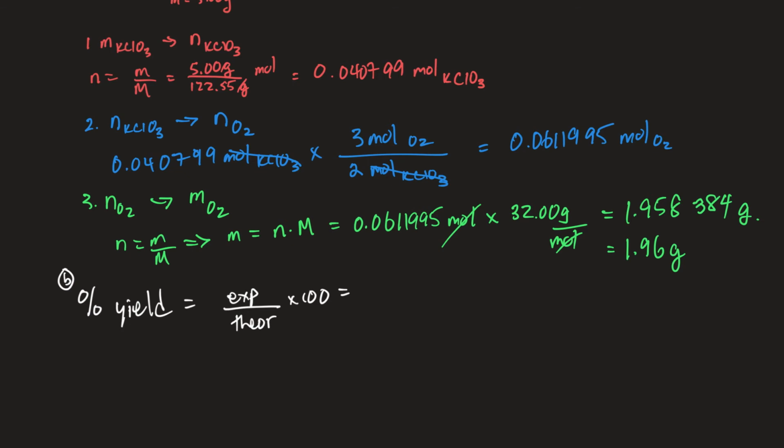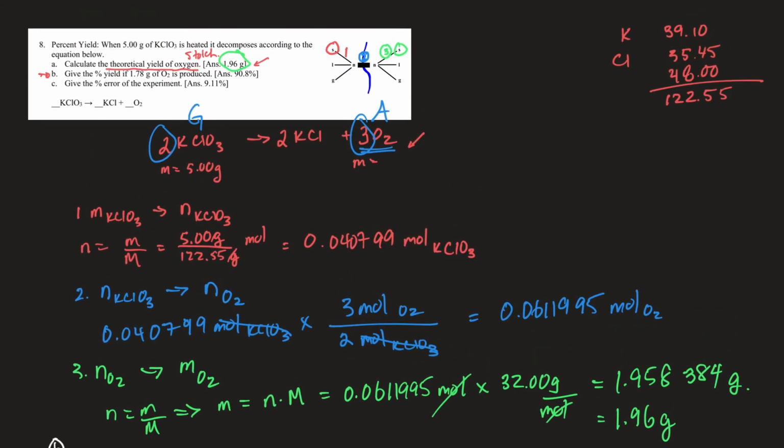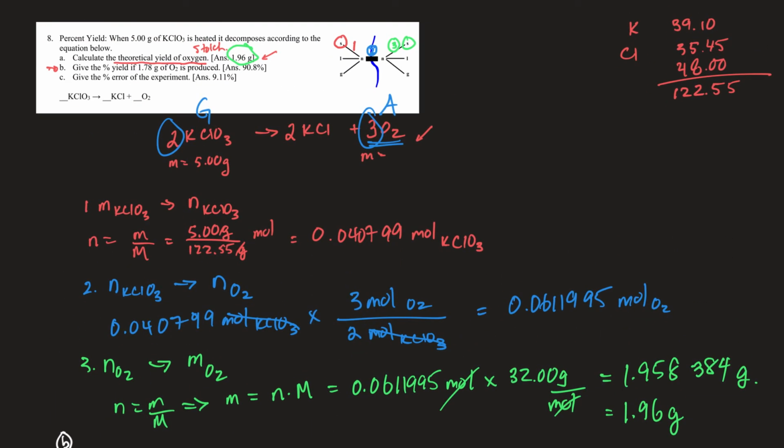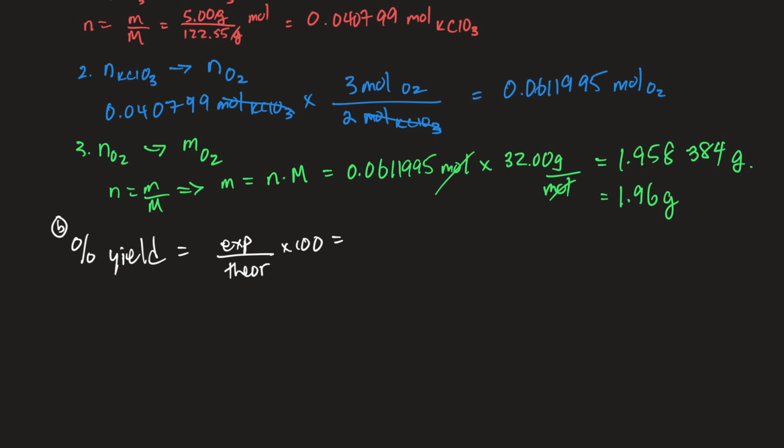So experimentally, how much do they have? 1.78 they got. They were supposed to get, according to stoichiometry, 1.96, times 100.